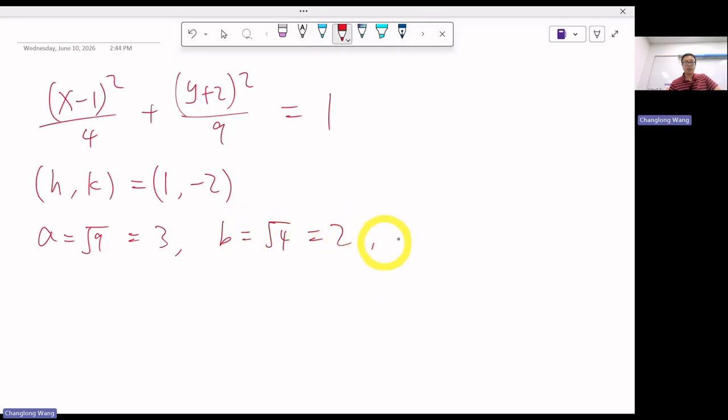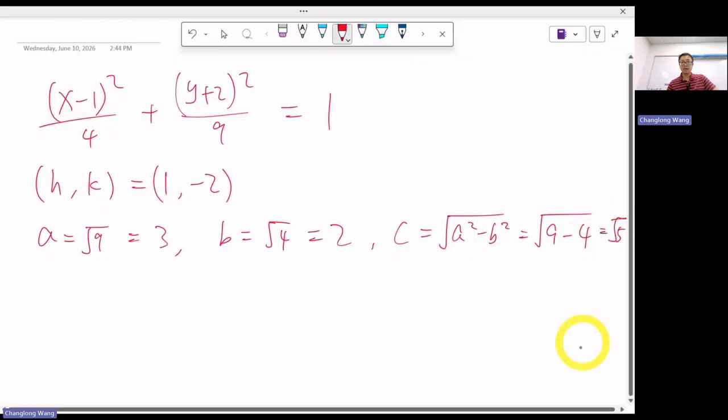So that'll be 2. Now you need to find out where the foci are. So you're gonna be looking at the square root of a squared minus b squared. So that would be the square root of 9 minus 4, so radical 5.